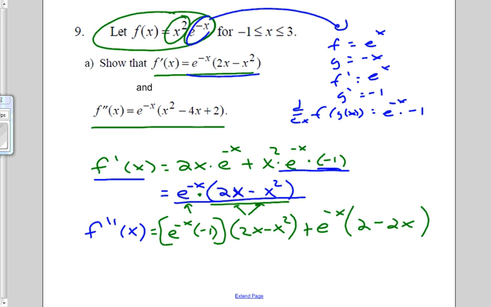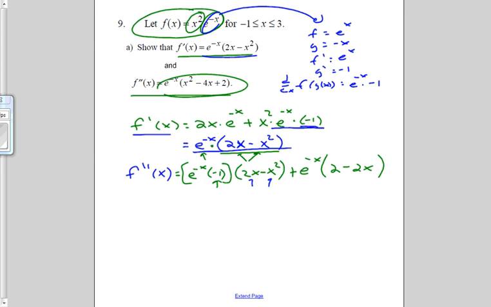Well, to show that that equals this, let's first distribute this -1 into here. And when we do that, we get e to the x times -2x plus x squared plus, oh, that was a negative x, e to the negative x times 2 minus 2x.